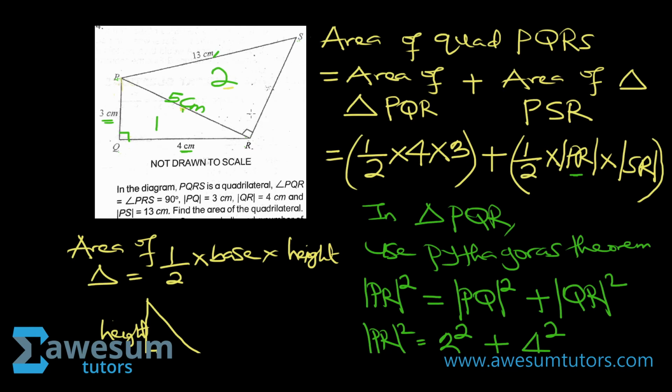This also is a right angle triangle, to which we can also apply Pythagoras Theorem. PS is your hypotenuse, SR is the opposite, PR is your adjacent, okay?